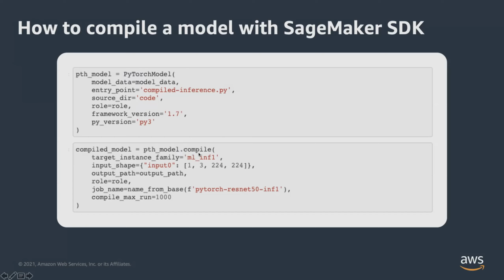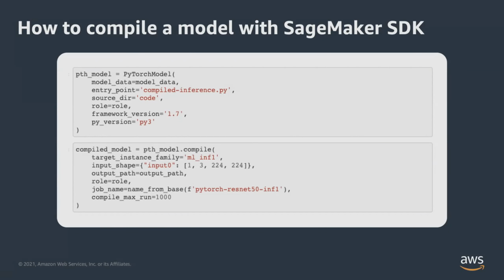In the compile job, under the hood we will call SageMaker Neo. And then you have to specify which type of instance you want to deploy to later, the input shape of your machine learning model, and also where you are going to save your compiled model, and more details like the job name and the compile max run, etc. So now you have an overview of what your first step to start your model optimization would be.